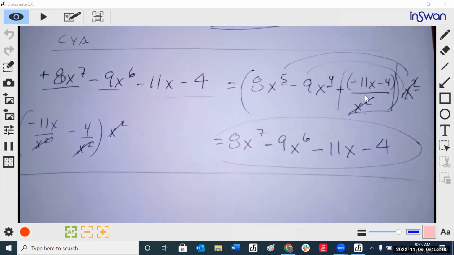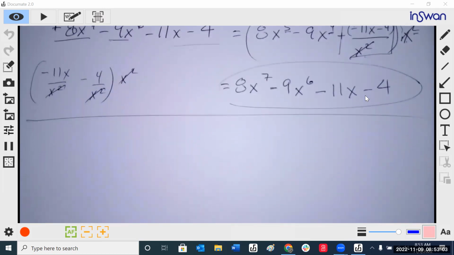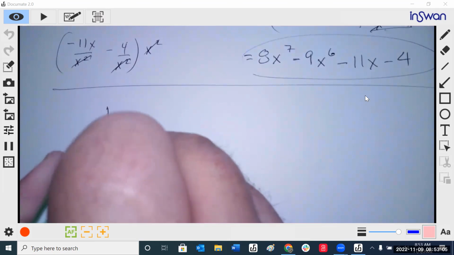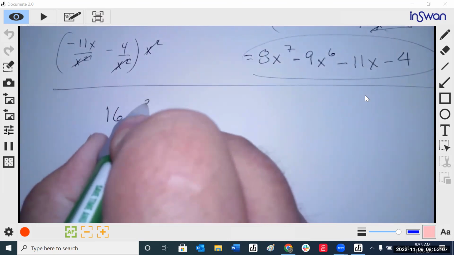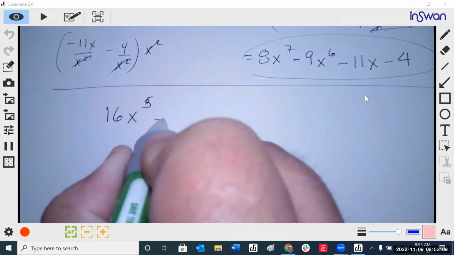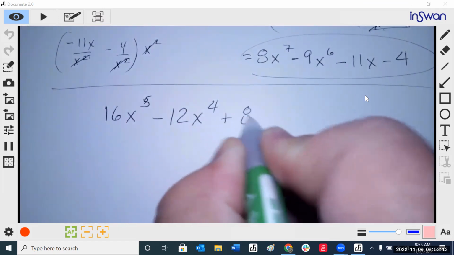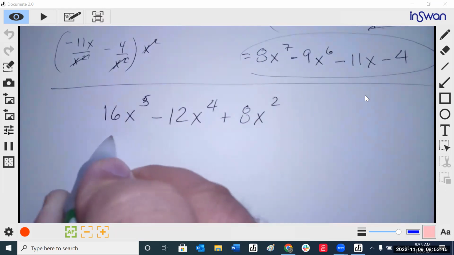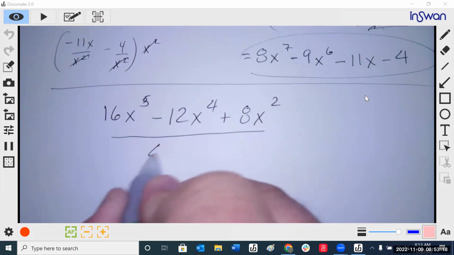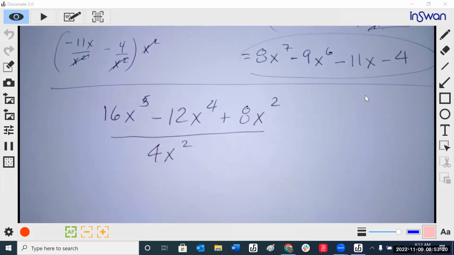Let's look at another one with a remainder. 16x to the 5th minus 12x to the 4th plus 8x squared all over 4x squared.